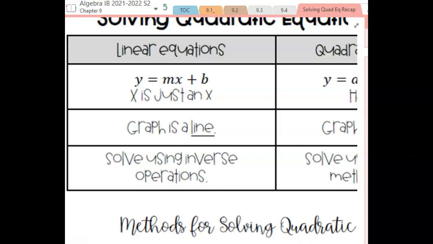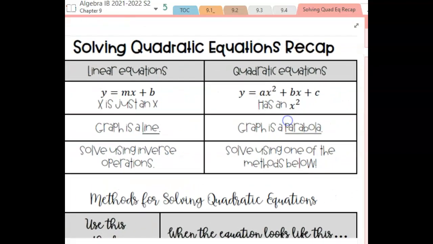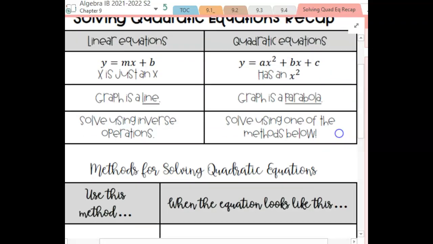The big thing that you're going to see with a quadratic equation is it's going to have an x squared. If it's just an x, it's going to be a linear equation, which means if you were to look at the graph, it would be a line. If it has an x squared, that graph would be a parabola.